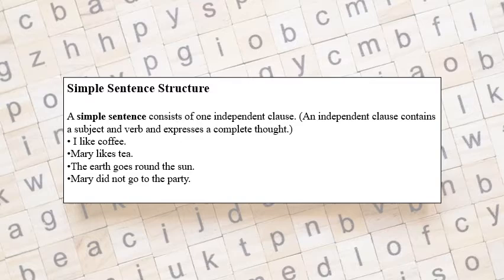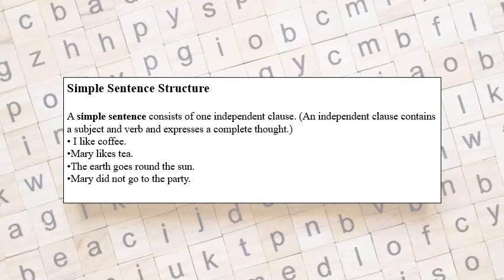See here, I like coffee. I is the subject, like is the verb, and coffee is the object. So it is arranged in such a manner that the subject comes first, the verb comes next, and then the object. That is the arrangement of a simple sentence structure. A simple sentence will have only one subject and one verb.